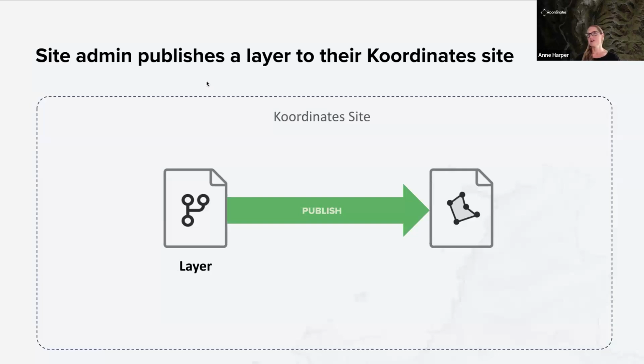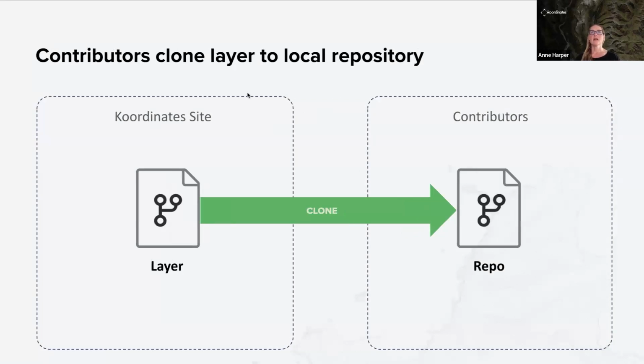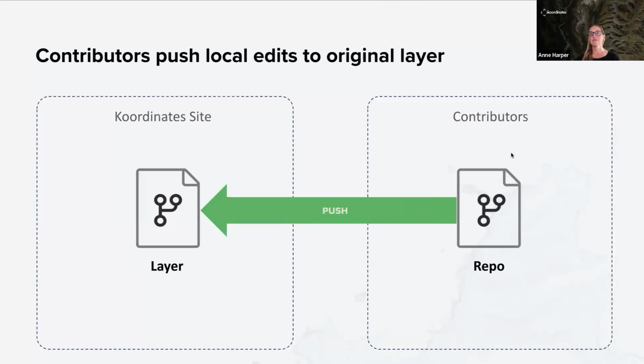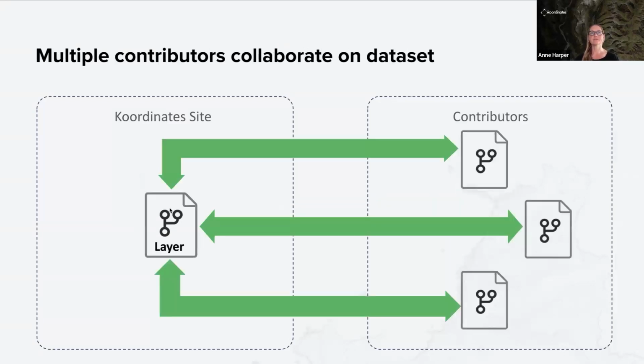Then here's how it would step through from the start. If you have a site administrator, so the person who is the owner of the data set and managing it, they will take a layer and publish it into their Koordinates site. The contributors will then clone the data back down, save it as a repo, and then when they've edited their working copy, push it to the repo, they can then push it back up to the Koordinates site.